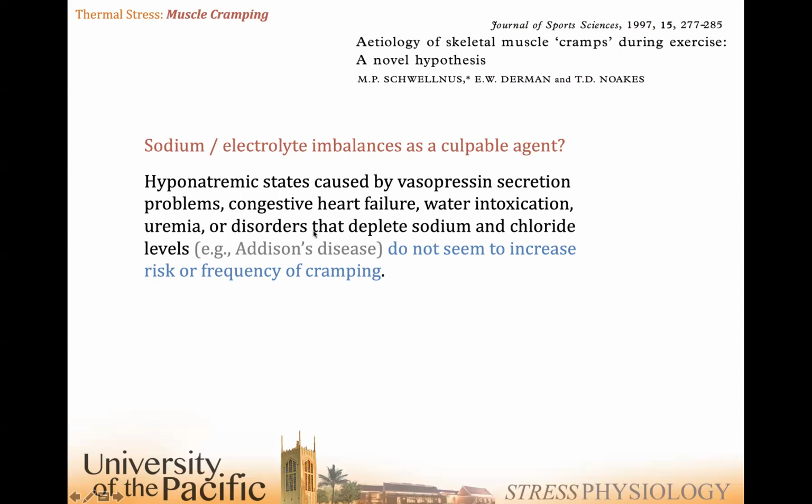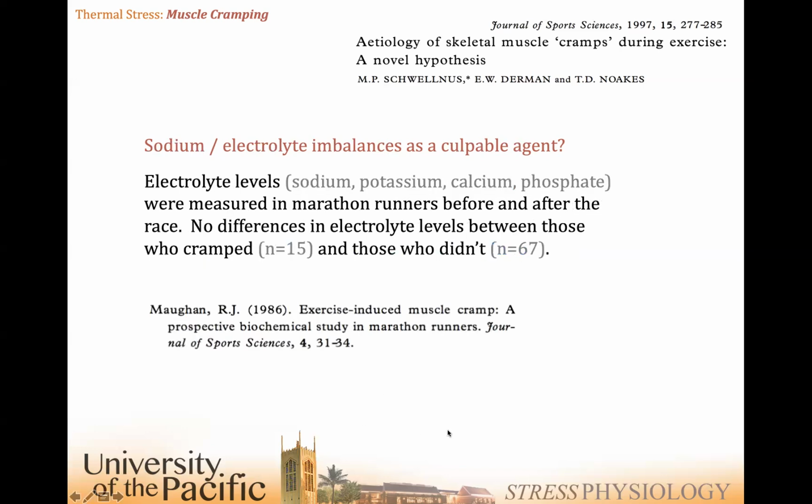And so all of these, Addison's disease, that's an absence of cortisol. So Cushing's would be an enormous amount of cortisol. Addison's is like you don't have cortisol. Your adrenal glands, what sits atop the kidneys, your adrenal glands have just given up in life. But you see all of these things that are going to cause these electrolyte imbalances, and do they cause cramps? Well, no, that's not what we see.